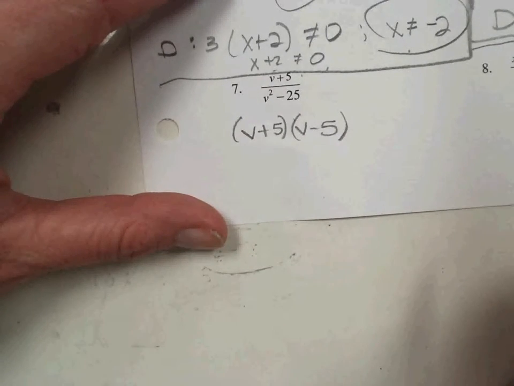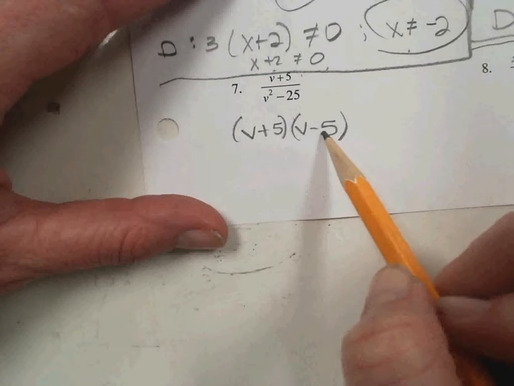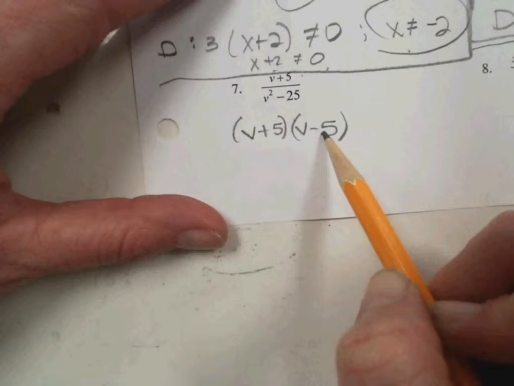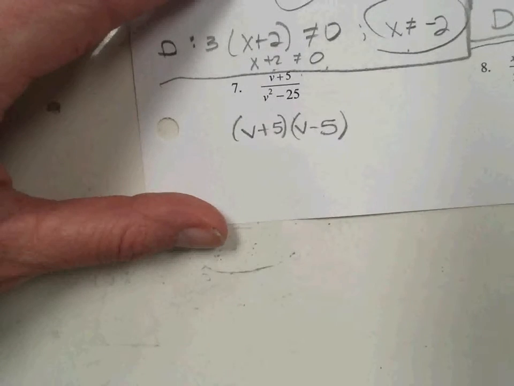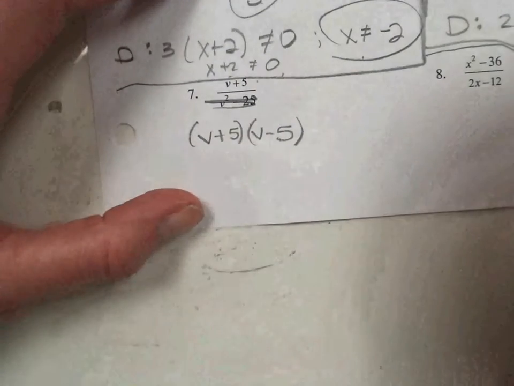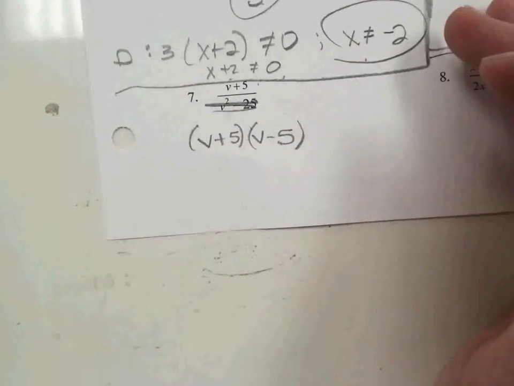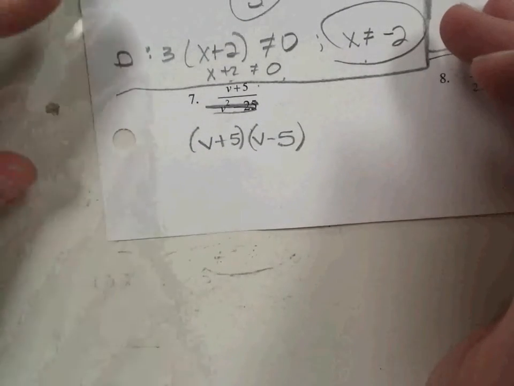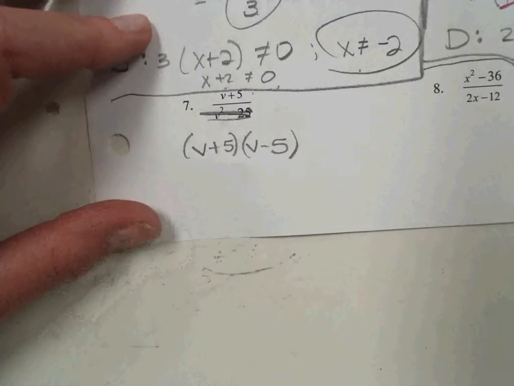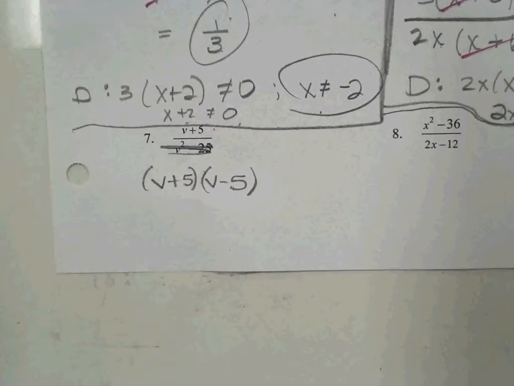Yes, that's it. That's how you factor the difference of perfect squares. Write it on your paper. So that's what the denominator became, v plus 5, v minus 5.